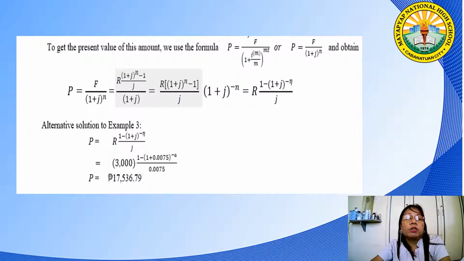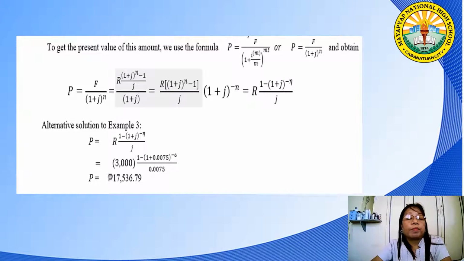So that is an alternative solution to find the present value in example number 3. Therefore, if you replace all the given values, the present value is equal to 17,536.79 pesos.